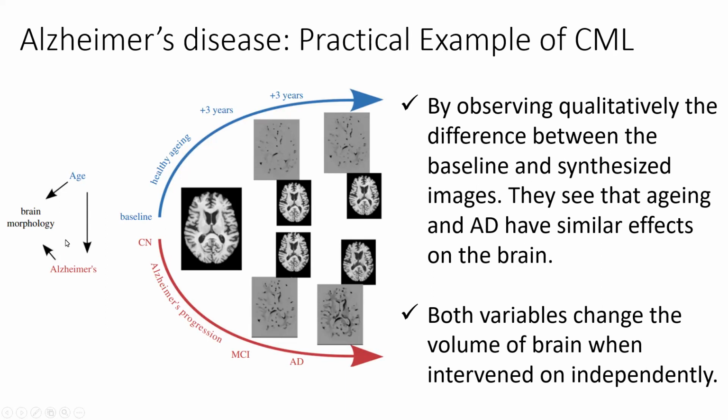To model the effect of having age as a confounder of brain morphology and AD, they use a conditional generative model from their previous work, in which they condition on age and AD diagnosis for brain MRI image generation.